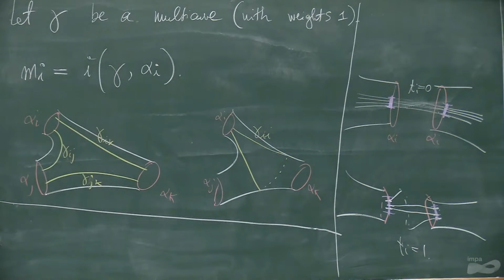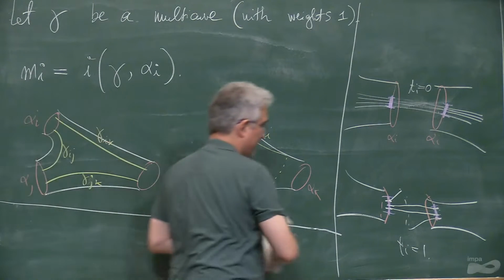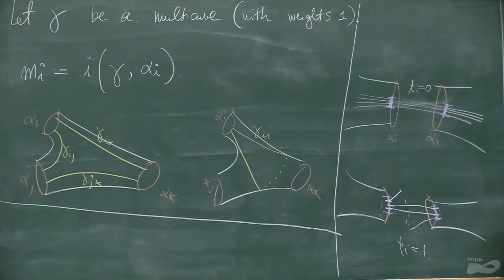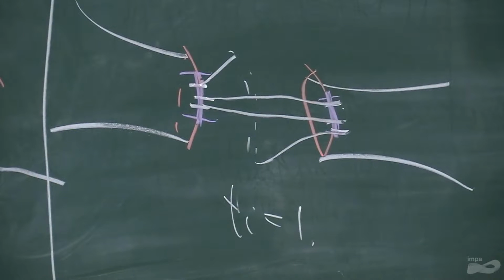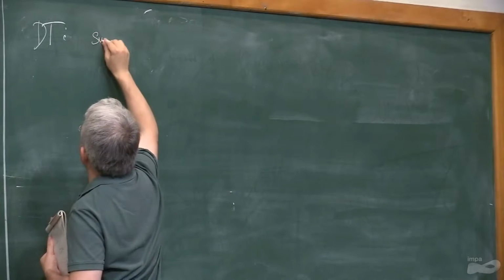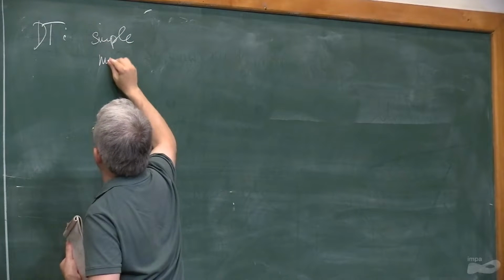Okay, so this gives more or less coordinates on the set of simple closed curves, or maybe multi-curves.